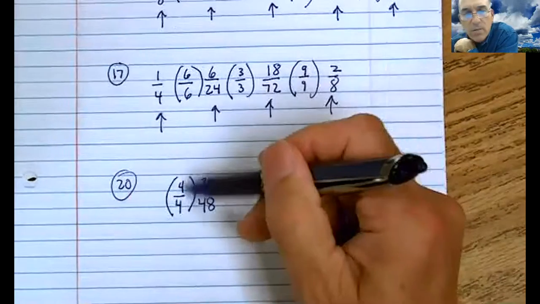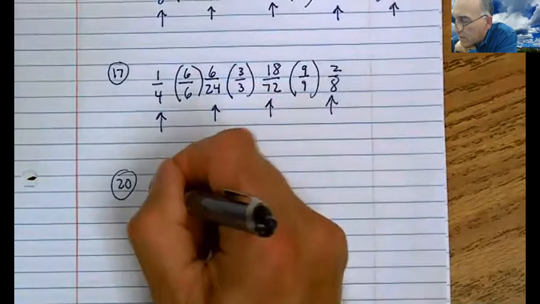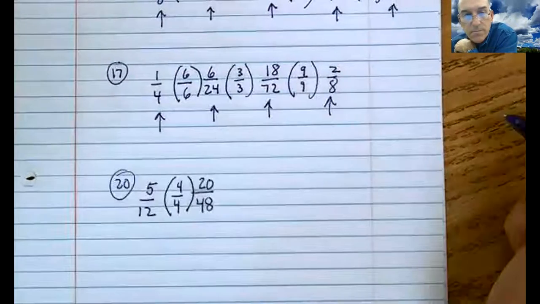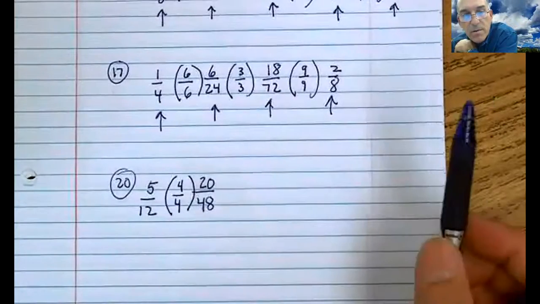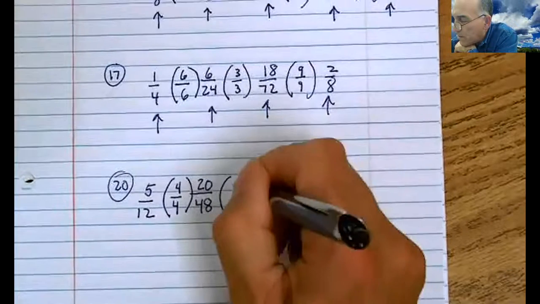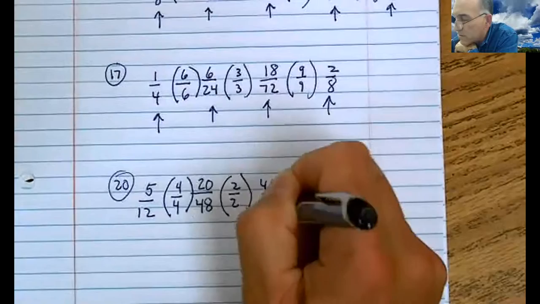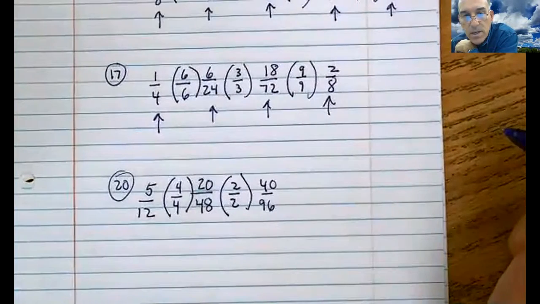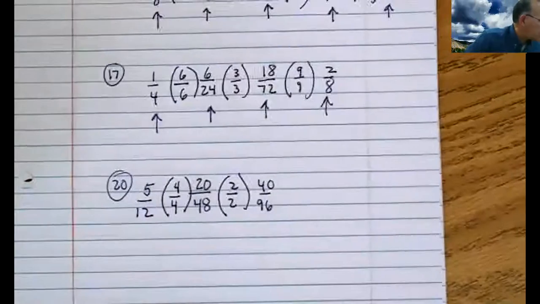Notice again that I'm really dividing by 1. What do I get? I get 5/12. Notice that this number is prime now, so I can't divide anymore. But I could come over here. I could double this. I get 40/96. Easy, right? Questions?